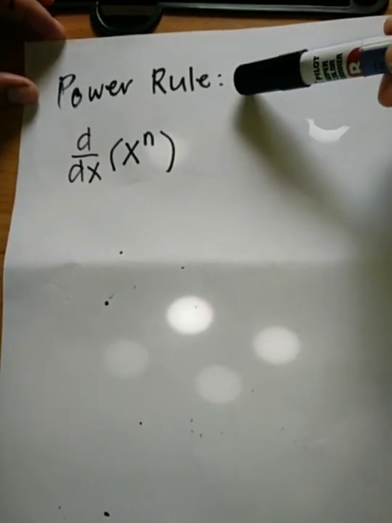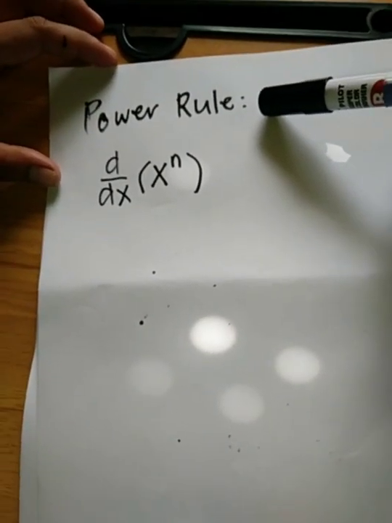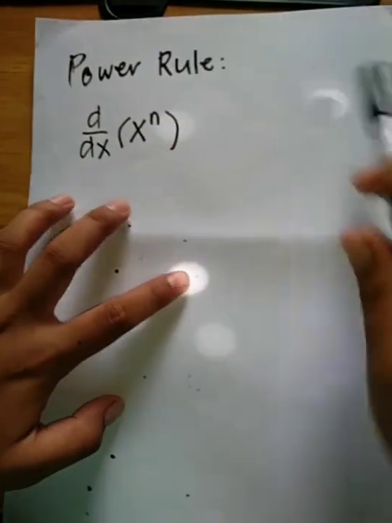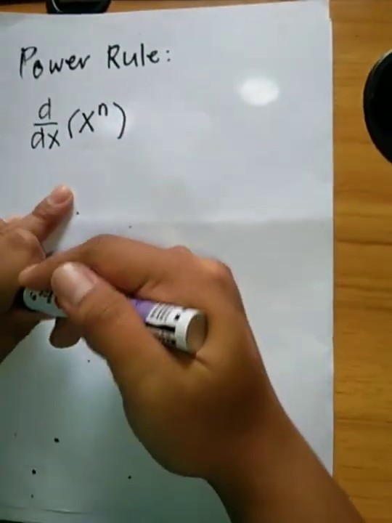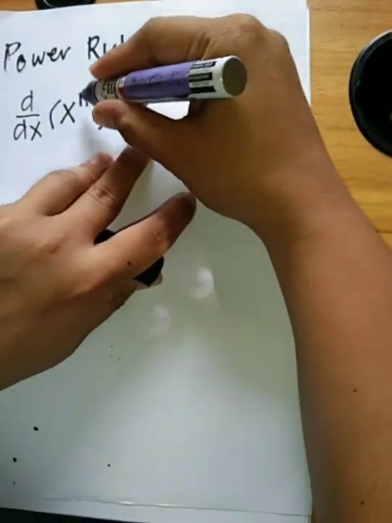This rule is the second one that I am going to use in getting the derivatives of the function I gave earlier. So d over dx of x raised to n, in the power rule, is going to be equal to n.